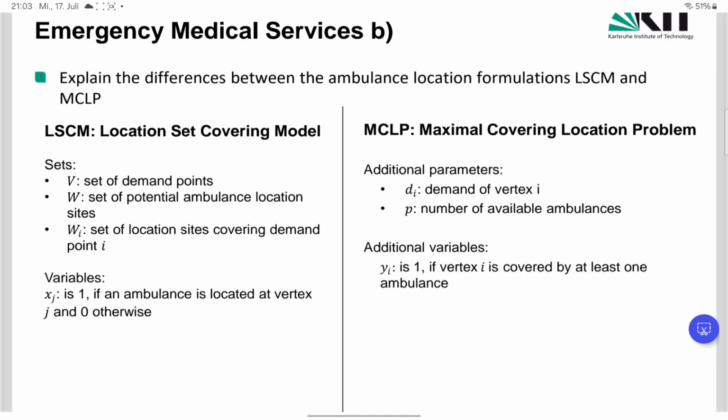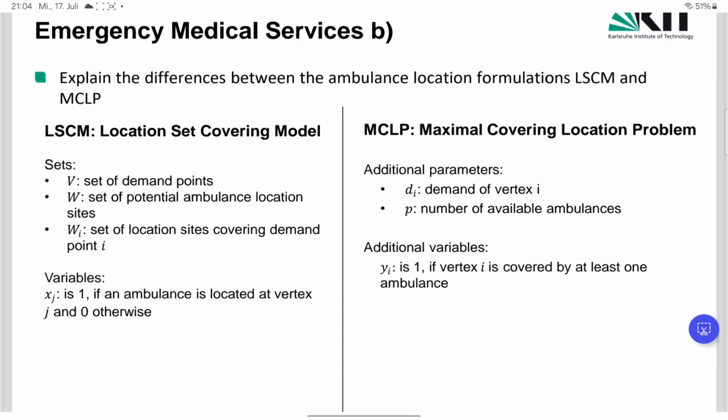And the variable x_j is 1 if an ambulance is located at node j, or 0 otherwise. And in the case of maximum covering location problem, we need some kind of additional parameters. So this is the first difference here. We take the demand at each demand node into account, and the number of available ambulances is fixed.